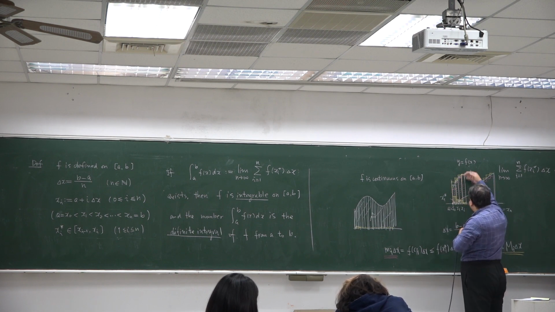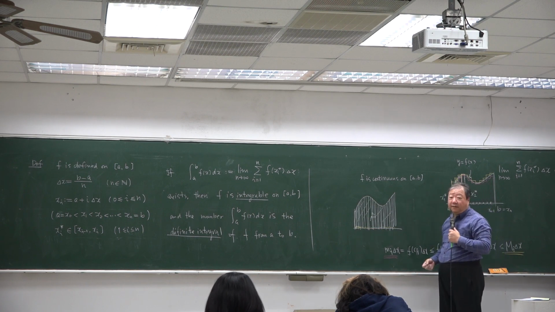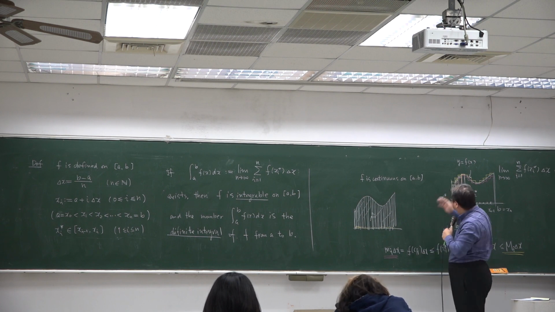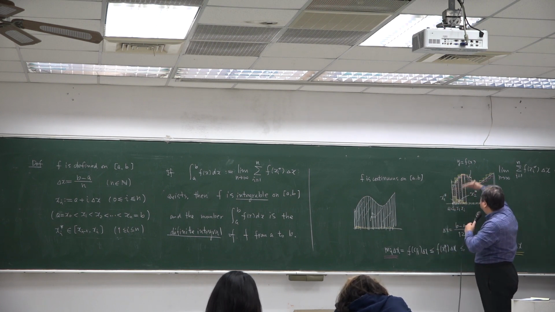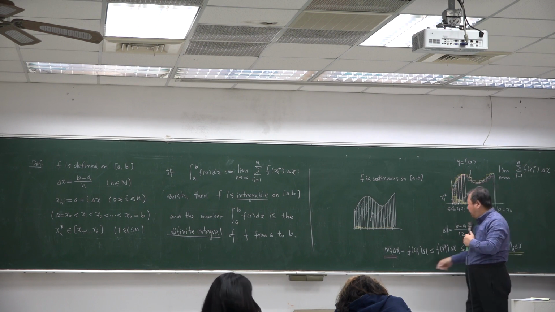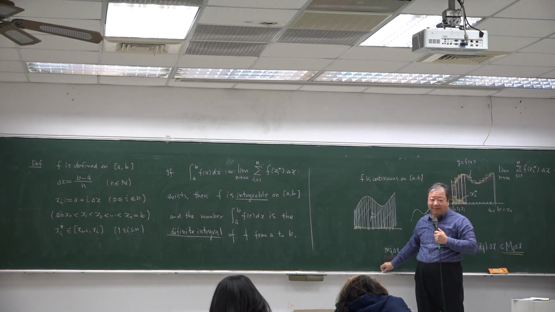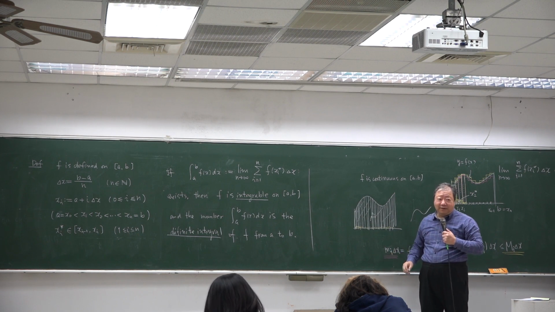But the difference of these two areas goes to 0. In fact, the difference of these two polygonal areas stands for the area of this curve. But the area of a curve is 0. Got it?